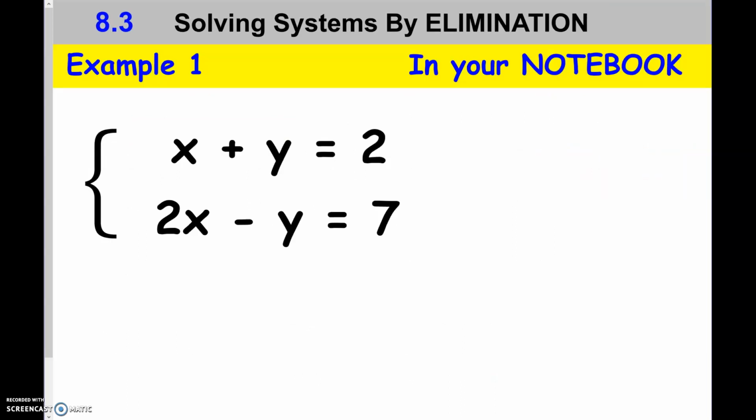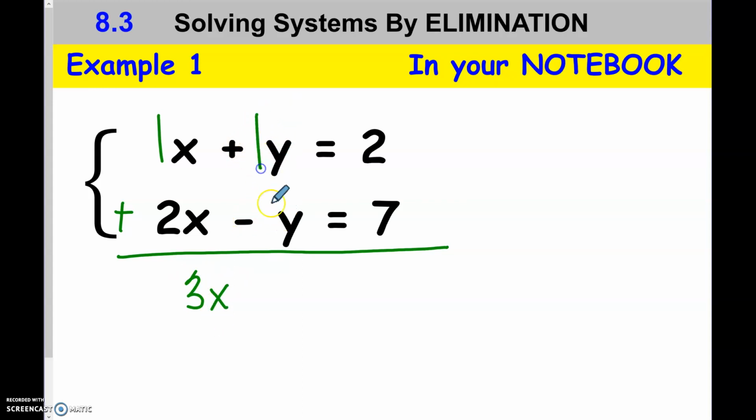All right, so here we go. We have 2 equations. You look at x, and we have 1x and 2x. When we add these together, 1x plus 2x is 3x. Over here, we have plus y minus y. Well, this is plus 1 minus 1, so these cancel out.